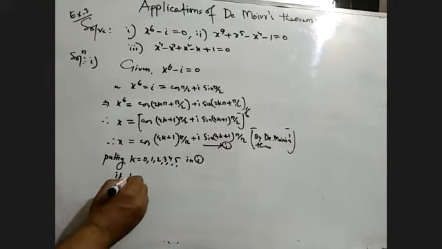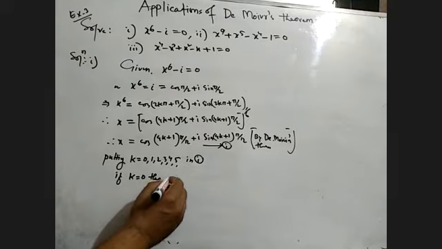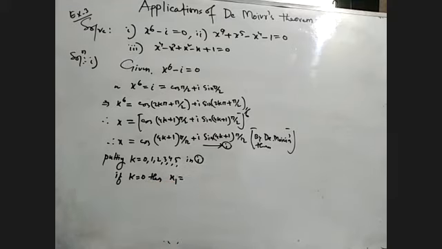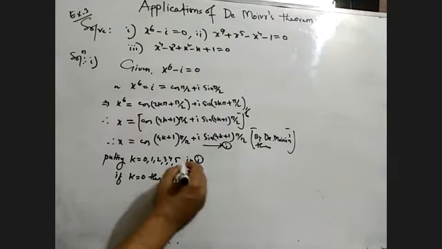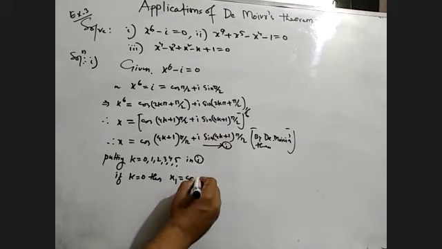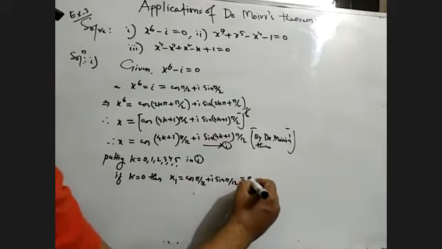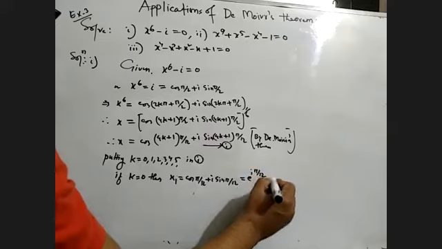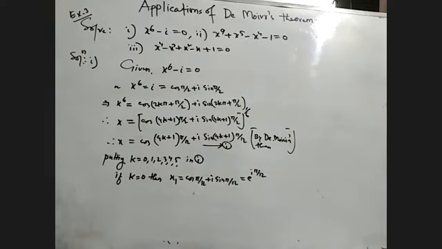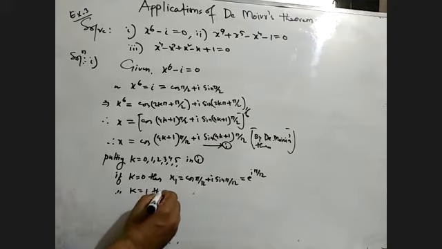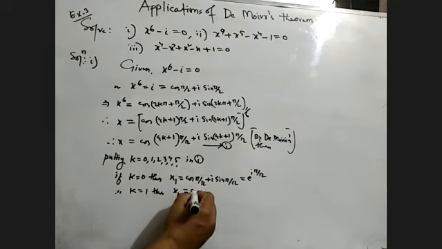If k equals 0, then the first root will be cos pi by 12 plus i sin pi by 12. And this can be written as e to the power i pi by 12. Okay. Now k equals 1, then the second root, what will it be?